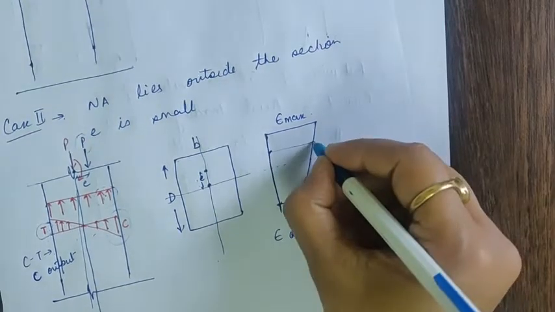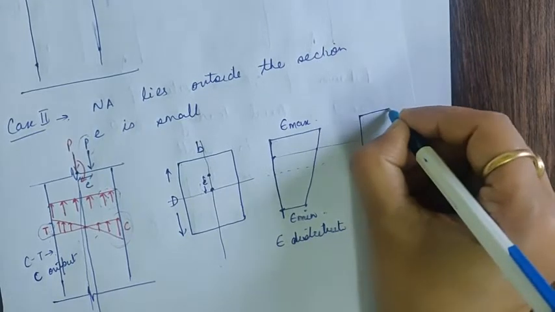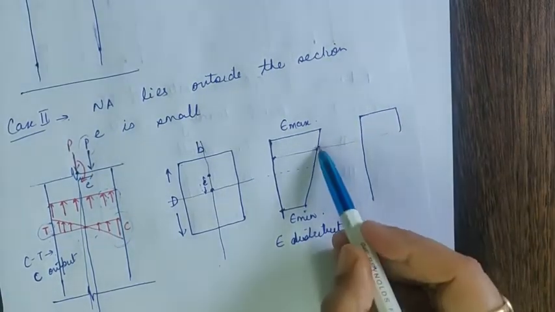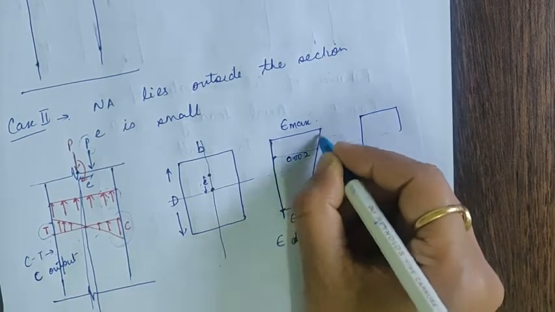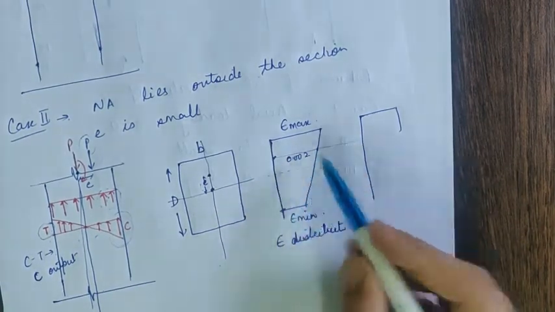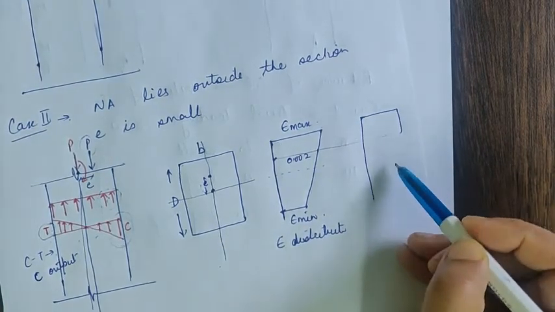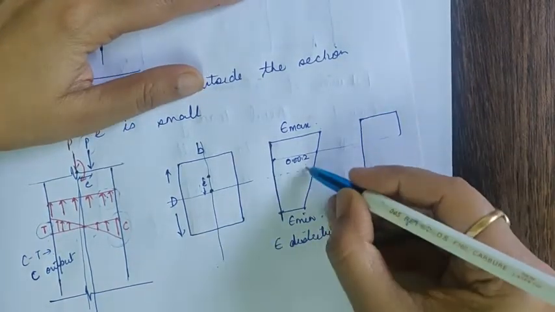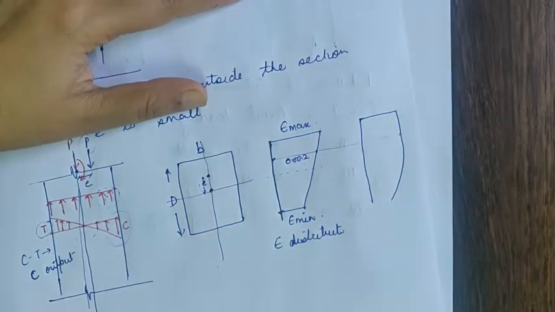Up to that strain value, what we expect is the system will have stress distribution that will be parabolic. Because after the 0.002 value, there will be values greater than 0.002, and for that we know the concrete gives us the rectangular stress distribution. And below the strains of 0.002, we will have a parabolic distribution.